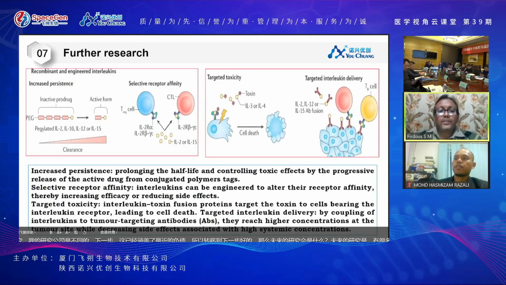So in the future research, we can go with certain things like increasing the persistence, prolonging the half-life, and controlling the effect of the progressive release of the active drugs, conjugated polymer tags.